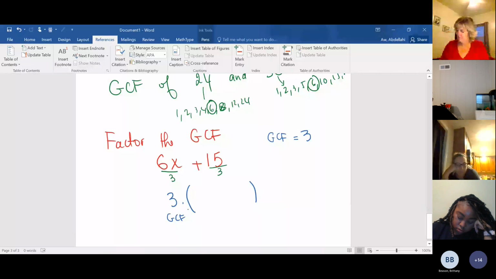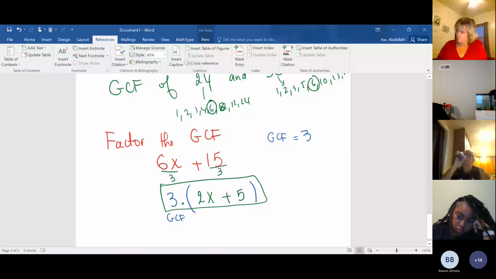Since I have multiplied 3 outside, I have to divide everybody by the same GCF to make it even. This is how the factoring works. How much is 6x divided by 3? 2x. How much is 15 divided by 3? 5. You see, that is factoring. You see how easy it could be?